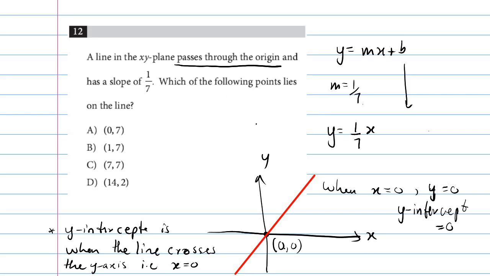Now which of the points lies on the line? If you just multiply both sides by 7, a better way to say it is that 7y equals x, meaning that the x value is 7 times the y value, right? Where do you see that? Over here.